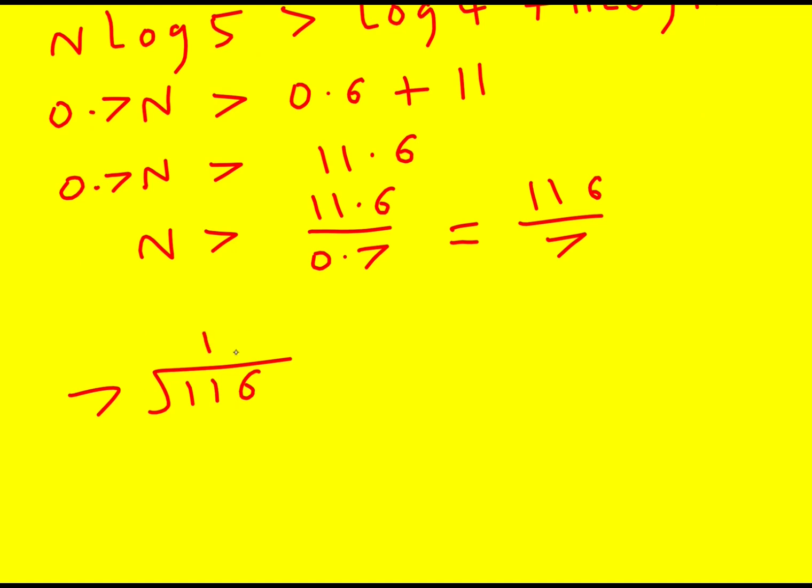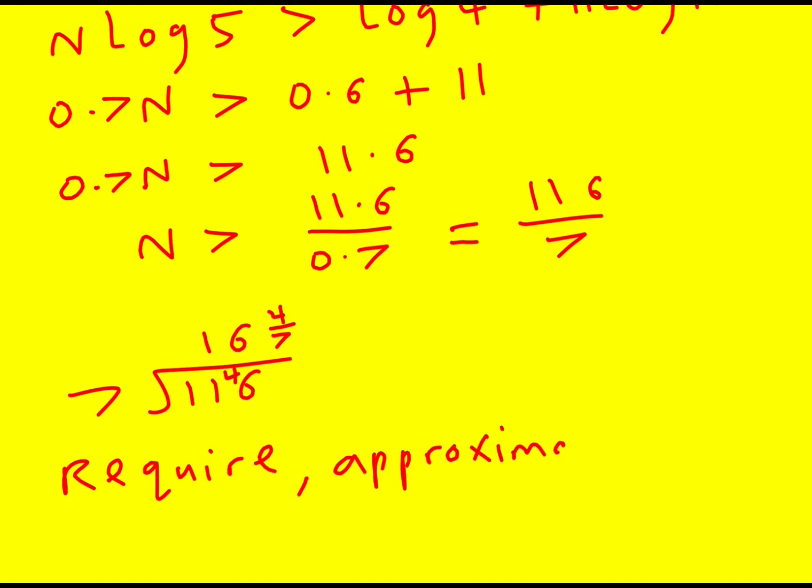Sevens into 11 go 1, remainder 4. 7s into 46 go 6, remainder 4. We hope that these simplifications haven't messed things up.